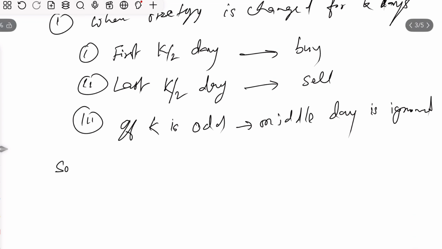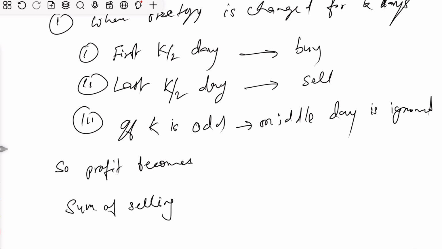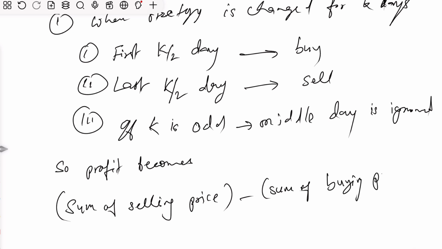So profit becomes the sum of selling prices minus the sum of buying prices, we can say.